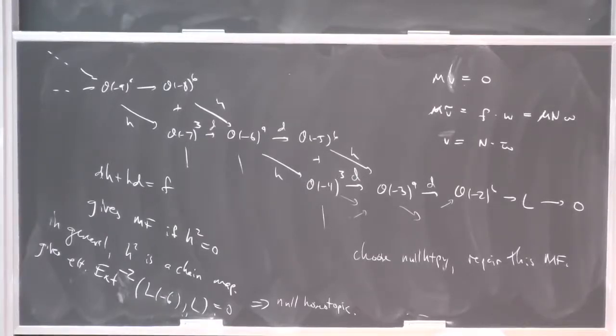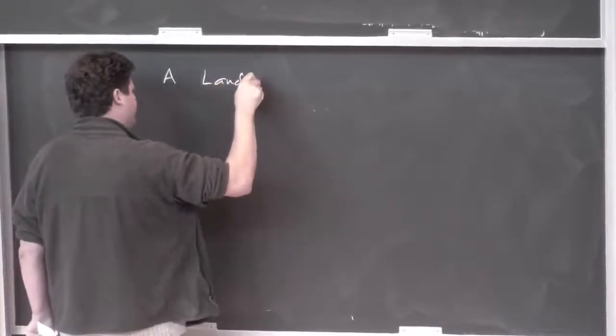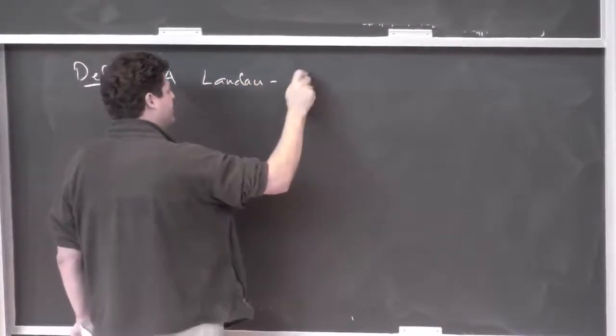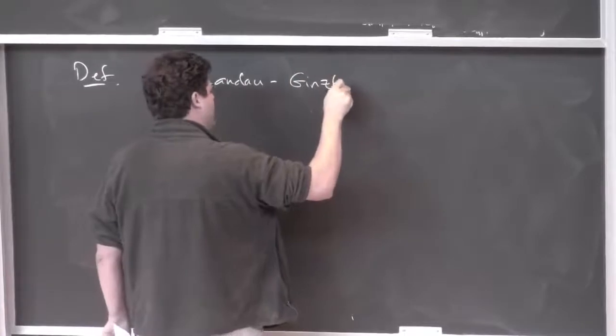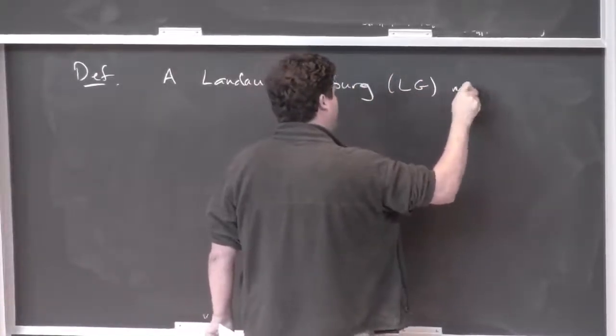So I want to talk about matrix factorizations in general and making a DG category of them. So, the definition of a Landau-Ginzburg, or LG, model. We're going to pretend to be doing physics for one second.